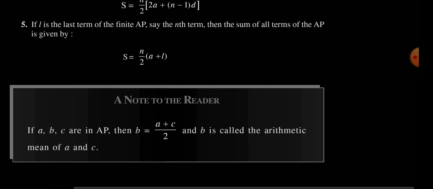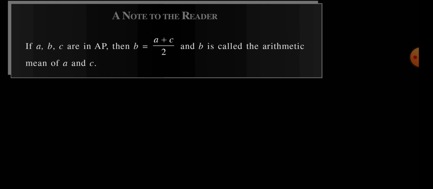So, if l is the last term of the finite AP, say the nth term, then the sum of all terms of an AP is given by S is equal to n by 2 (a plus l). A note to the listener: if a, b, c are in an AP, then b is equal to (a plus c) upon 2, and b is called the arithmetic mean of a and c.